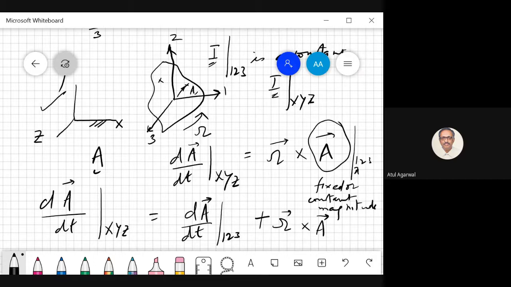So there are two variations in vector A, one with respect to the 1, 2, 3 system, another because 1, 2, 3 is rotating with respect to capital XYZ. Any problem?